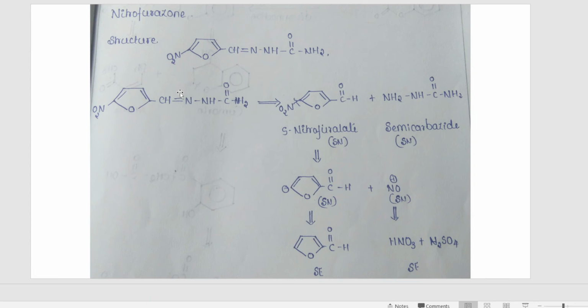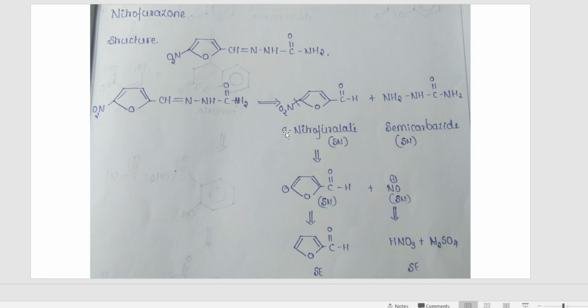So we are disconnecting exactly at this part so that we can separate the semicarbazide, because semicarbazide, that is NH2 NH C double bond O NH2, is readily available. So you can directly add it in the last step of the reaction. So semicarbazide is separated and we get the other part that is called nitrofurfuralate.